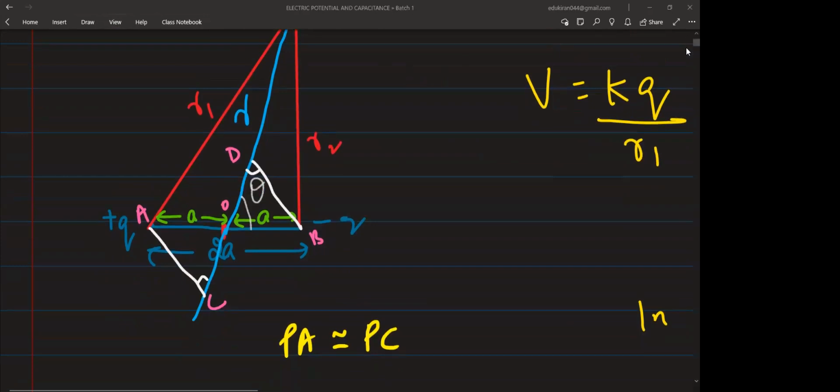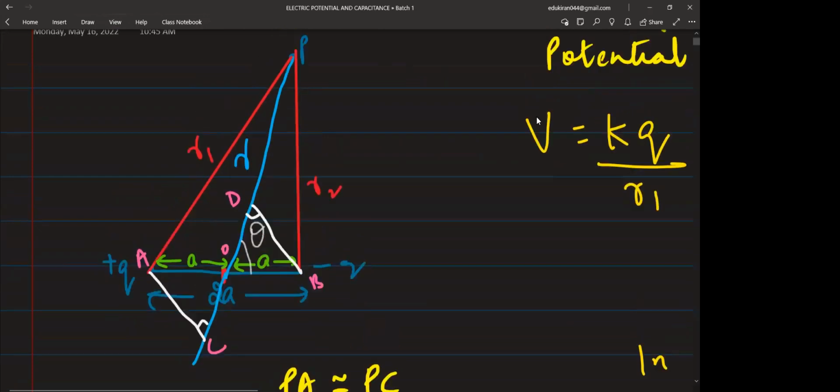Class, now we have to discuss the potential of a dipole, but first understand this diagram. These are two charges which are present, plus Q and minus Q. They are separated by this distance, which is 2a. From this point P, plus Q is separated by R1, and minus Q is separated by R2.